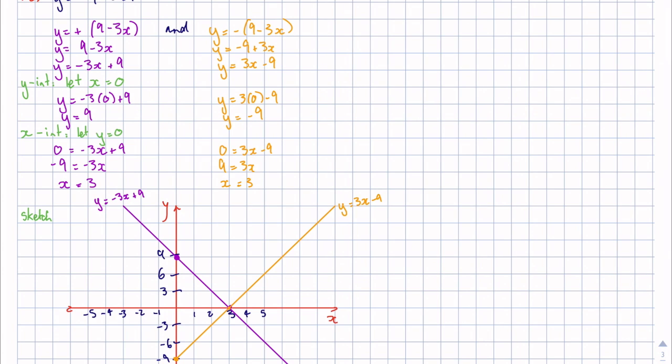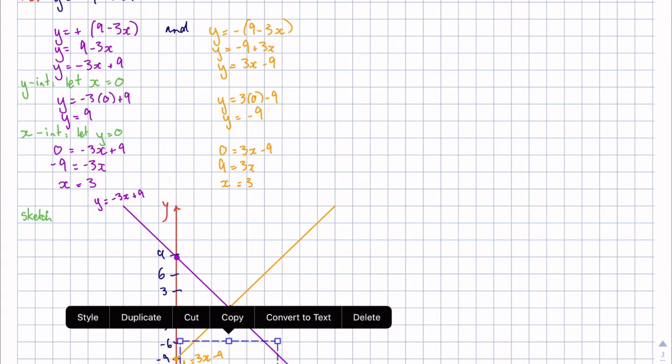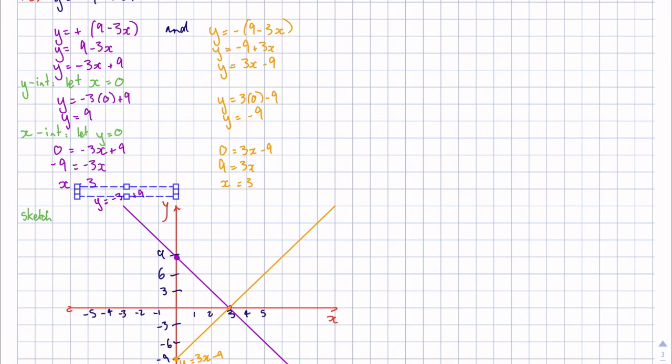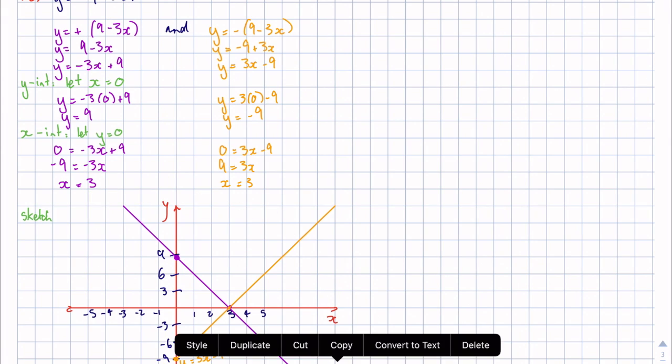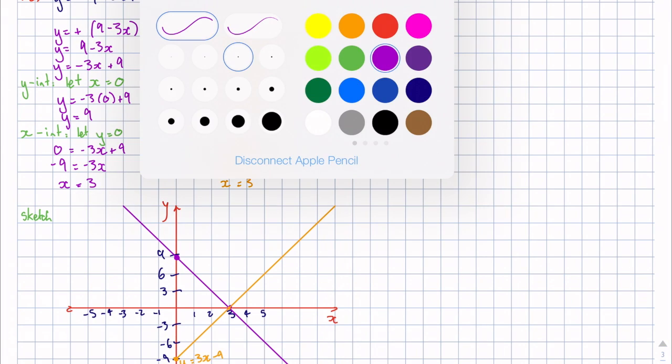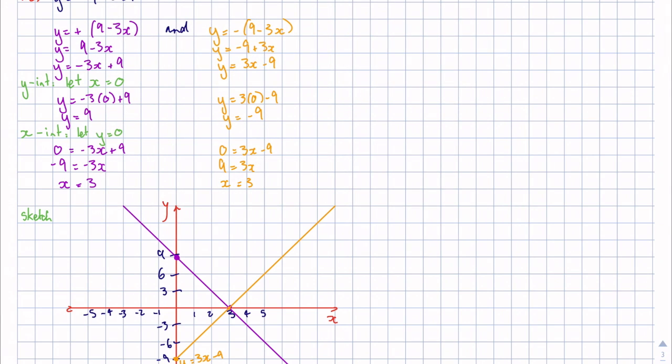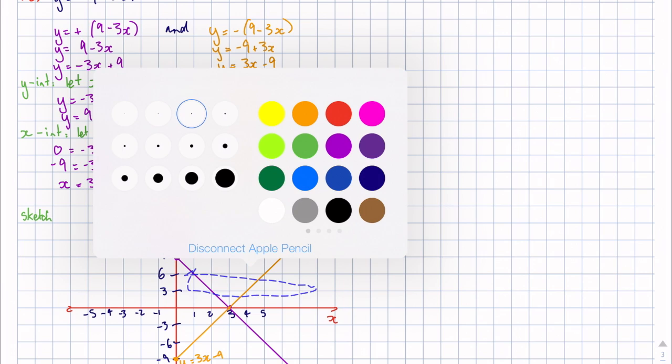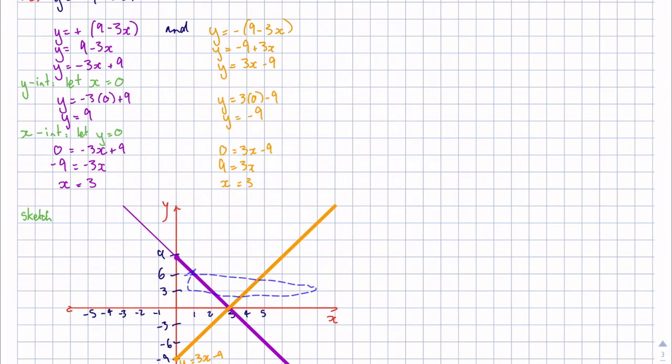Now, what I should have done was taken those labels down here, because only certain parts of these really matter for the absolute value function. So we know that y equals, and I'm going to make those kind of thick.